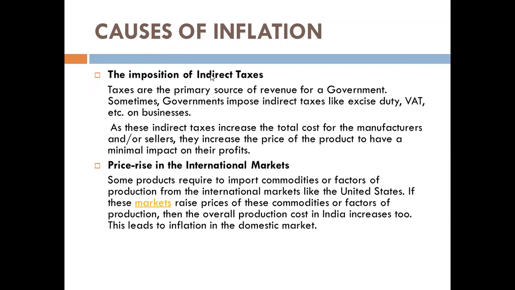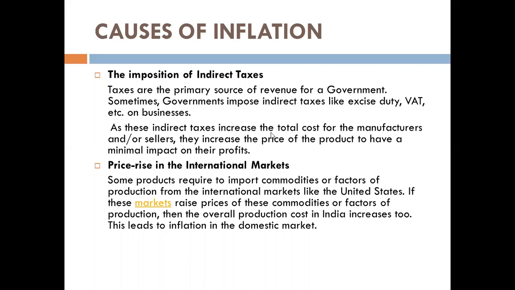Next one is the imposition of indirect taxes. Taxes are the primary source of revenue for the government. Basically, with the form of taxes, government generates the income, and sometimes government imposes indirect taxes like excise duty, VAT, etc. on the business. Means businessmen also pay the VAT and also pay the excise duty to the government.